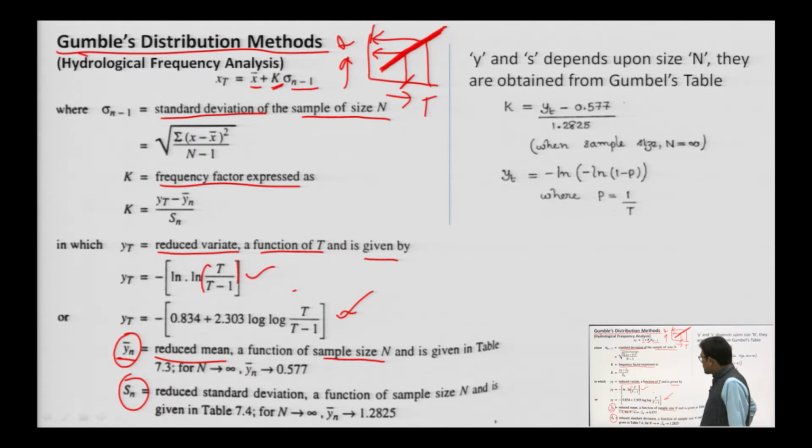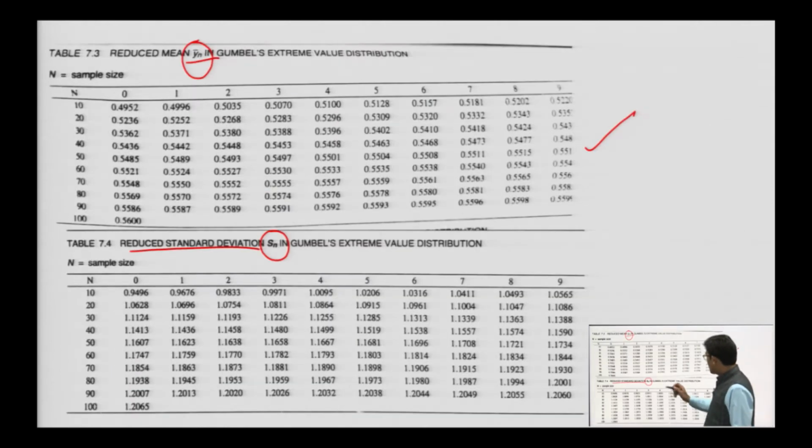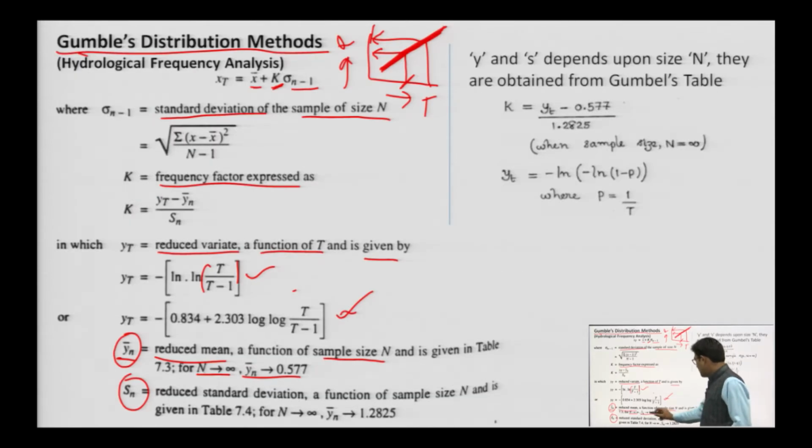This method has been proposed by Gumbel. In the reduced mean y bar n, if the sample size is too long, then y bar n can be taken as 0.577. If the sample size increases, say for n equal to 100, it is here 0.56, and it keeps increasing.